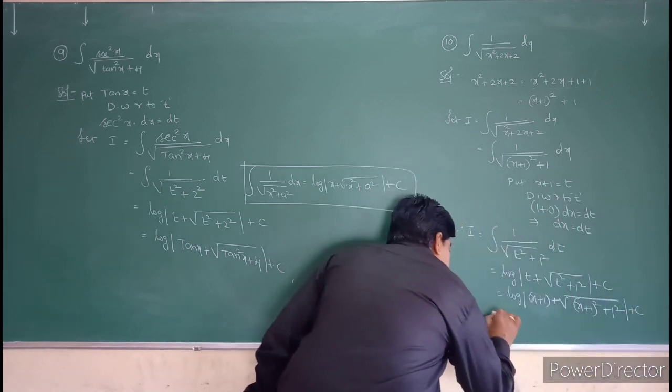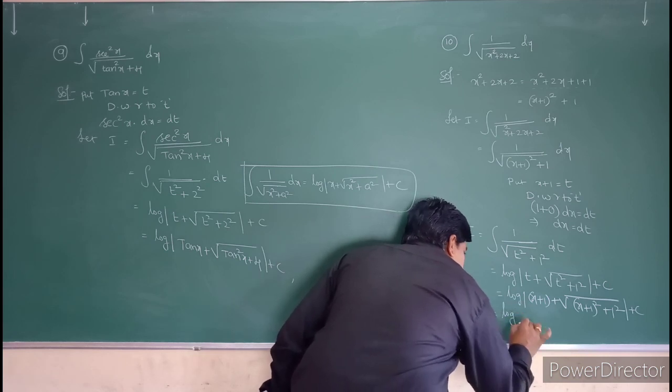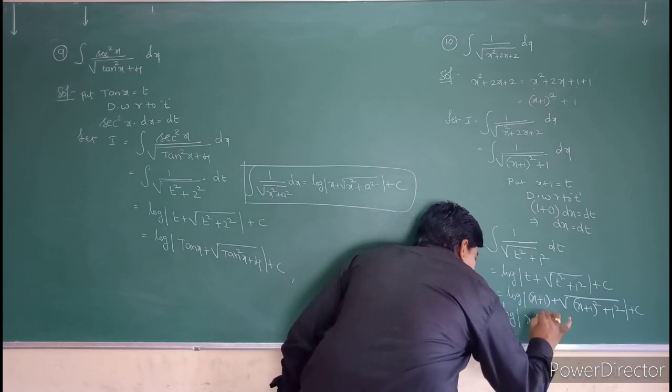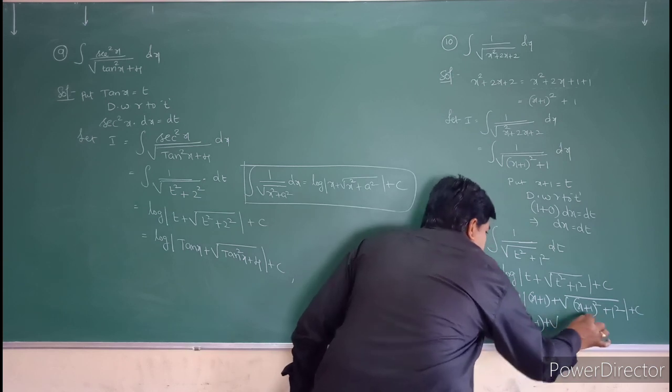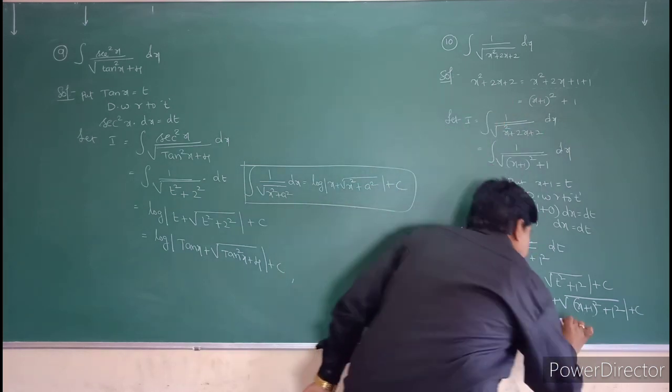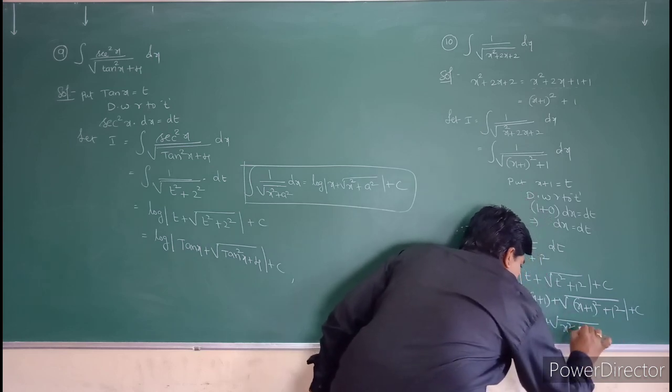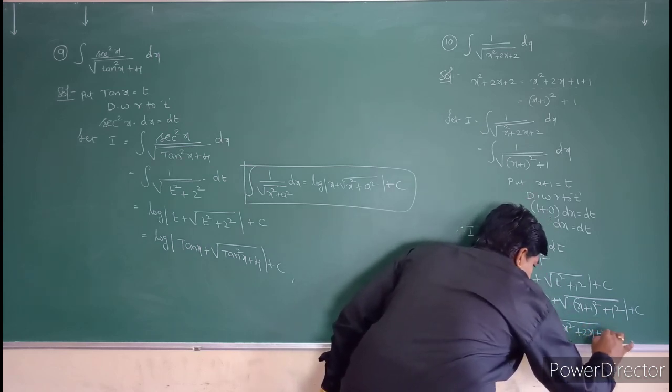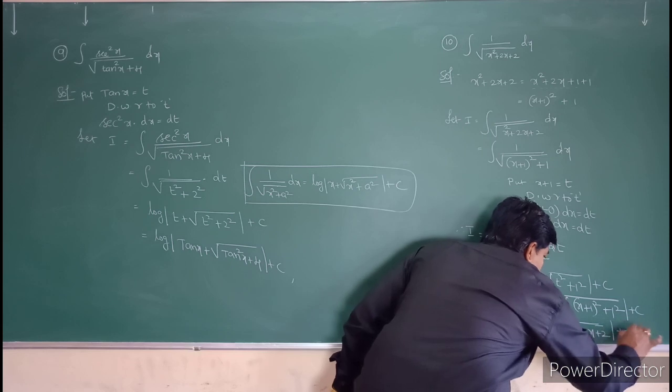So this can be written as log of mod x plus 1 plus root of x plus 1 whole square plus 1 square. x plus 1 whole square plus 1 square is nothing but x square plus 2x plus 2, plus c.